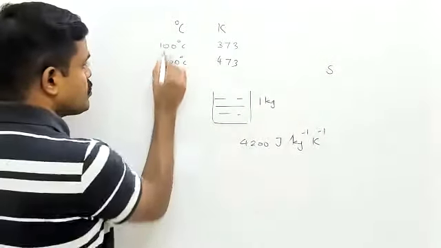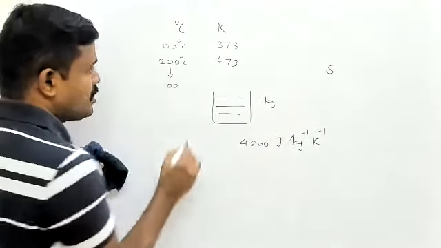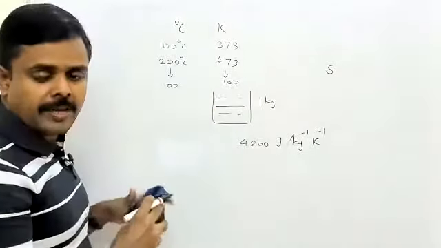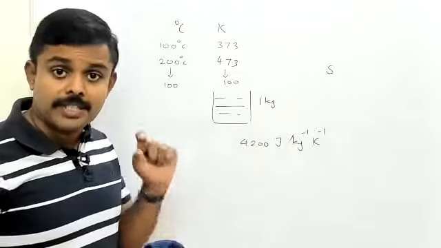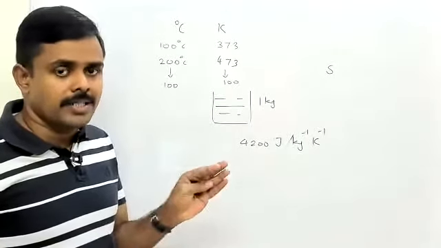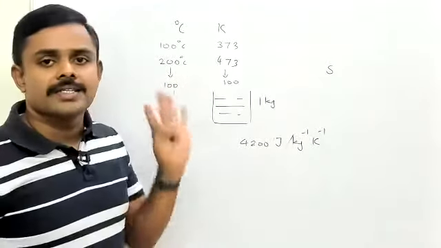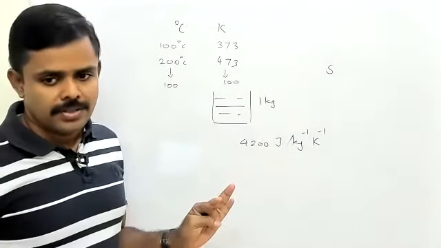The temperature difference 200 minus 100 is 100, and 473 minus 373 is also 100. So for temperature differences, not temperatures, both Kelvin and degree Celsius have the same value.